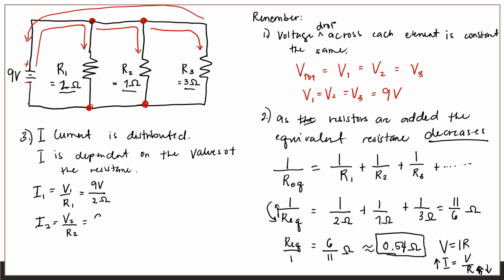So again, 9 volts over 1 ohm. And I sub 3 is V sub 3 over R sub 3. So 9 volts again, all over 3 ohms. You may pause the video if you want to solve.